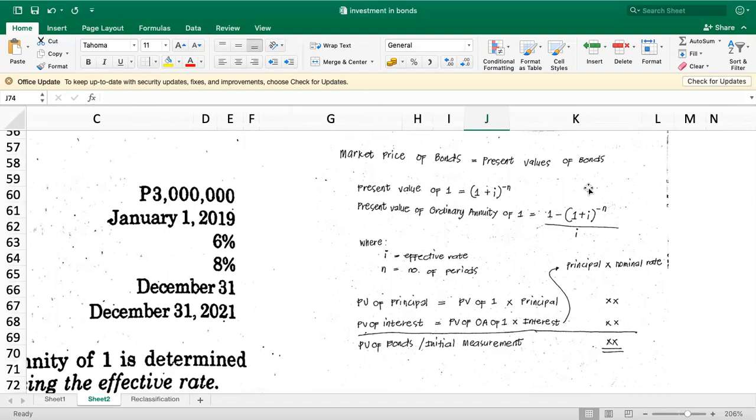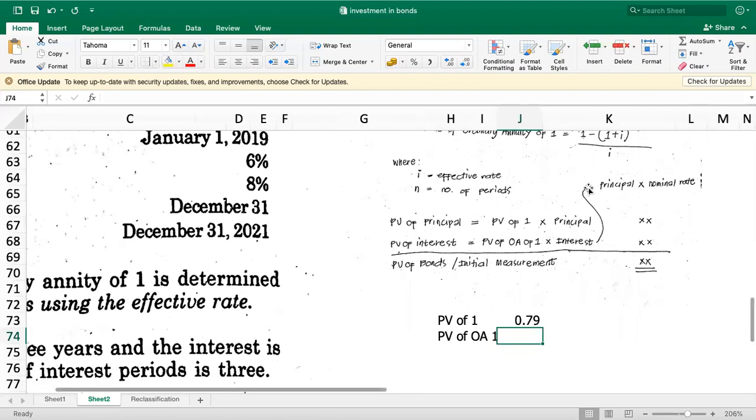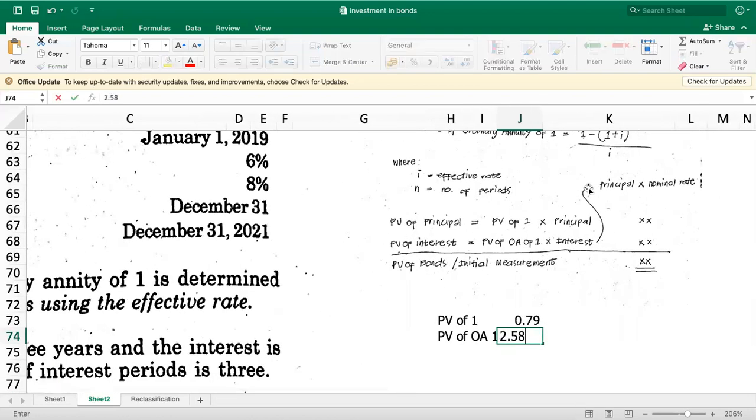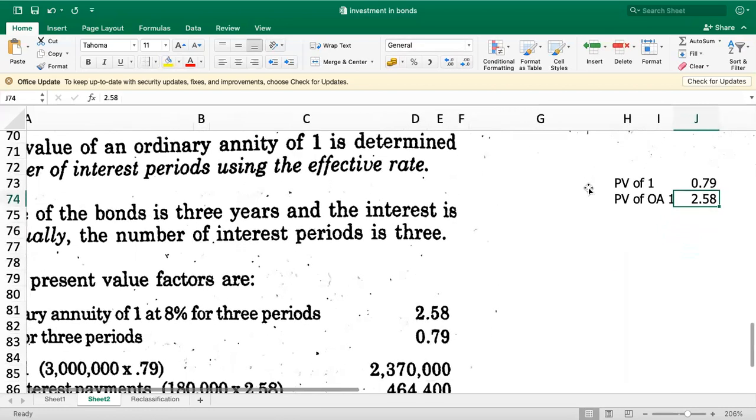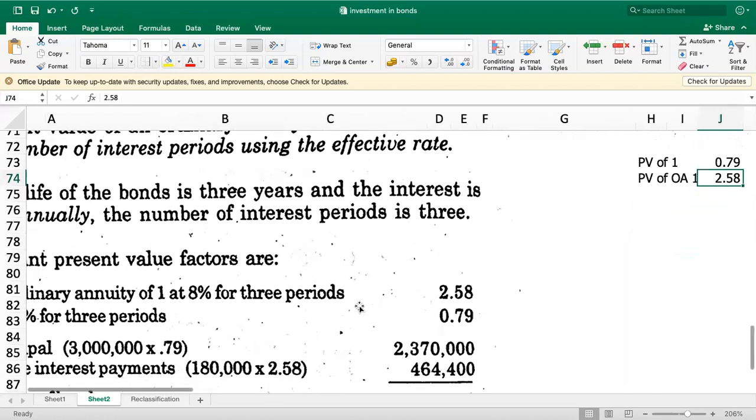Iba yung periods natin, 3 periods. Then 1 minus that, divided by 0.08. So we have 2.58. Okay, 2.58. Same ba dito sa problem? That's the same, di ba? This is how you compute 2.58 and 0.79.